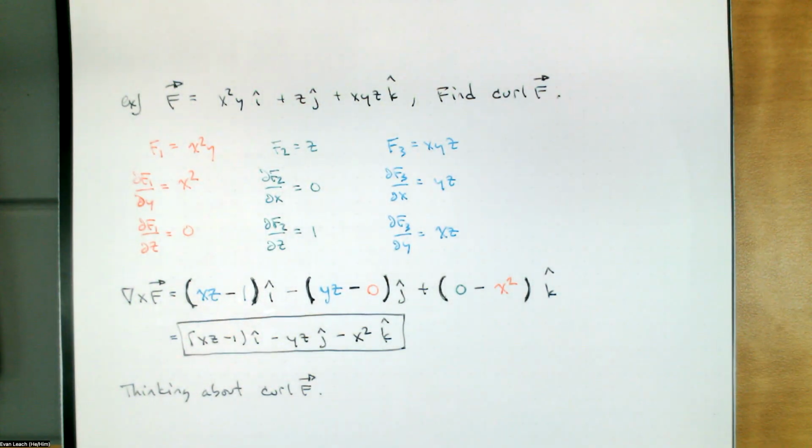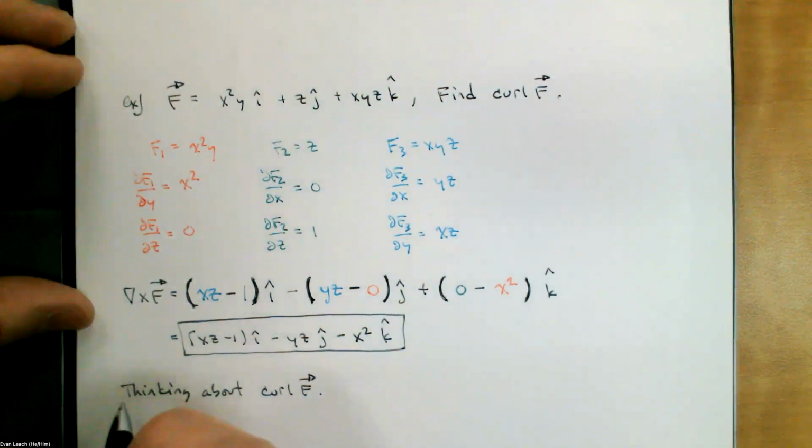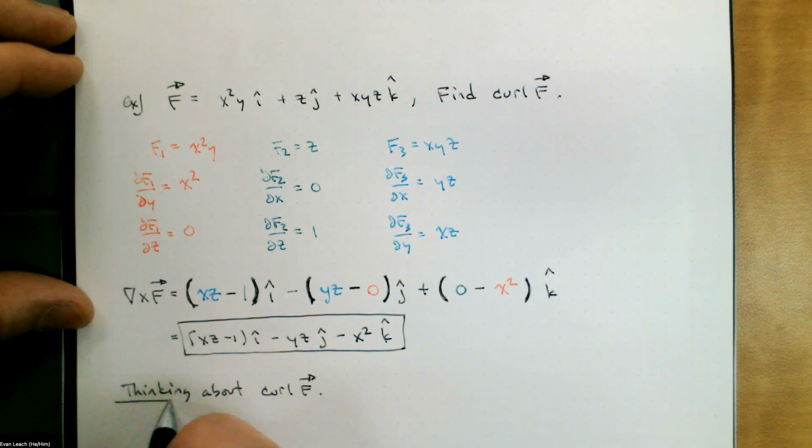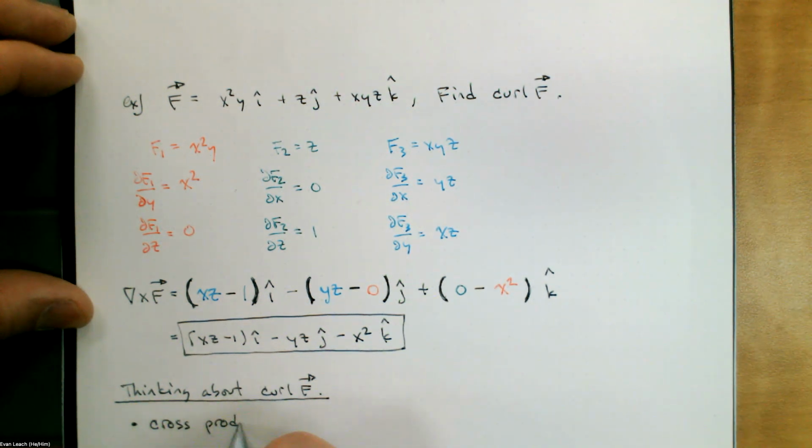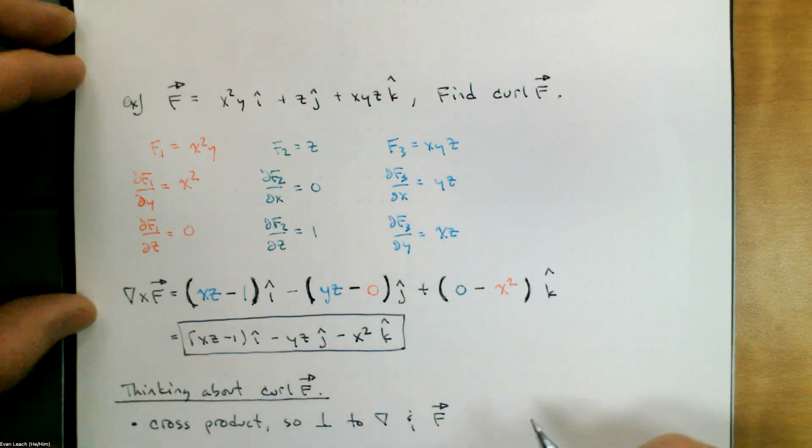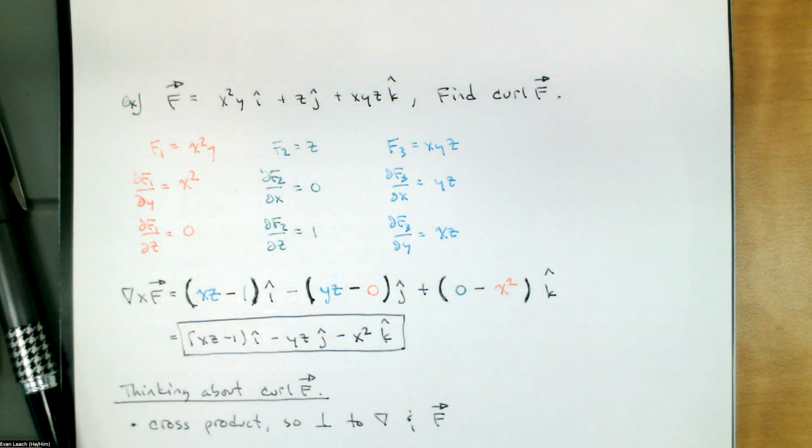We got to be thinking about the curl. So it's a cross product, so it's perpendicular to the del operator and the vector field. This raises an interesting question. What does it mean to be perpendicular to the del operator?